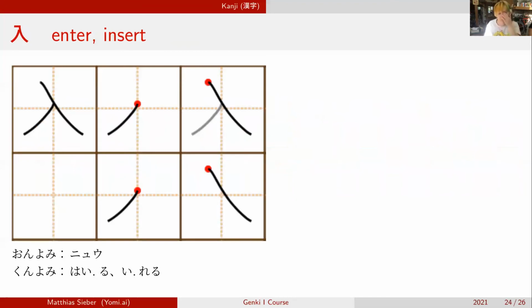And then finally, we have hai, as in hairu, or also to insert, which is ireru, which is not a vocabulary we have encountered yet, but hairu we know, to enter. Also new is the onyomi reading.